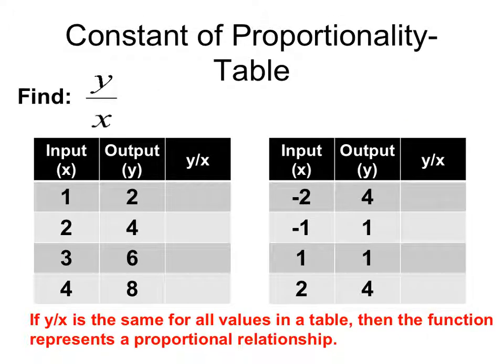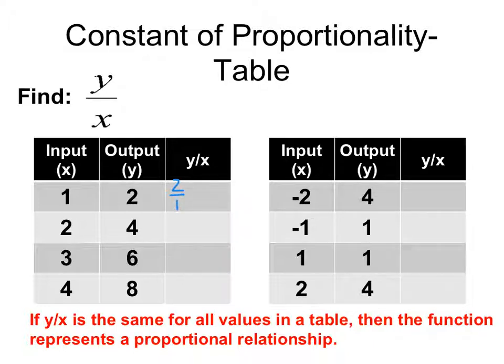To find the constant of proportionality in a table, we're going to calculate the ratio of y to x for each set of x and y values in the table. If proportionality exists, the y to x ratio will be the same for all the values in the table. So as I look at the first table, my ratio of y to x is 2 to 1.